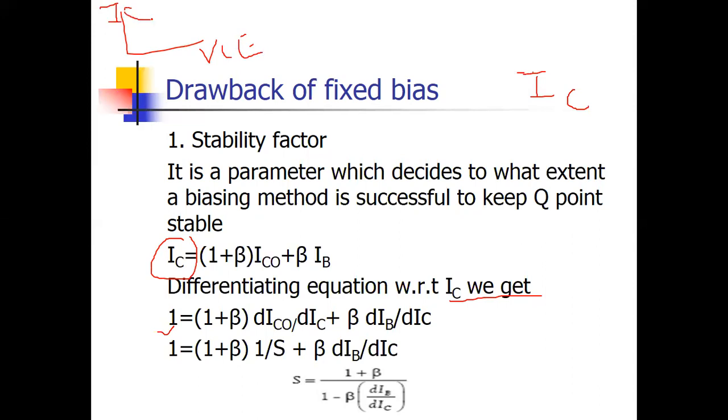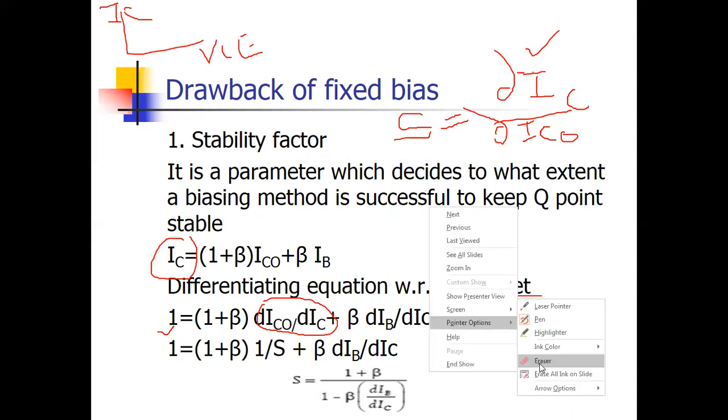So the change in output current due to change in leakage current is our stability factor. So dIC naught upon dIC will be 1 upon S by this equation.